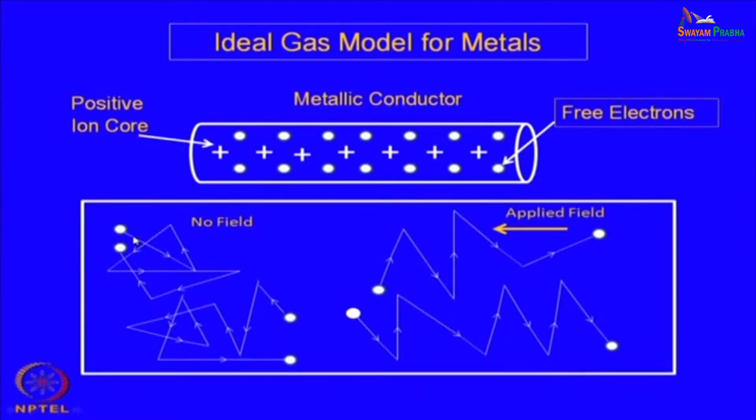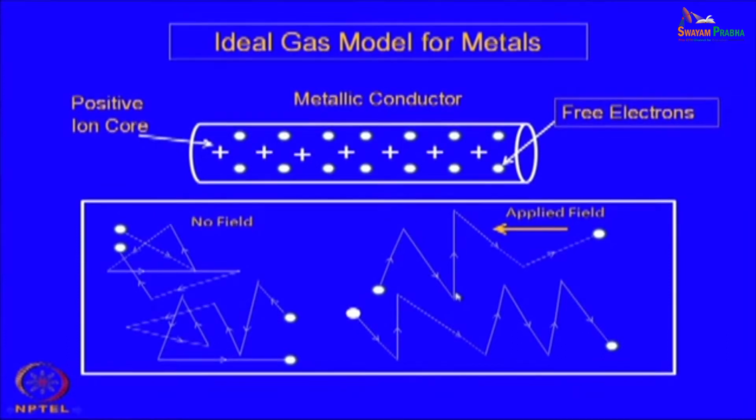Okay. So, that is because of the thermal energy they are moving, but if you have an electric field, then this random motion gets ordered to some extent, although the random motion is not completely avoided because of the thermal energy.